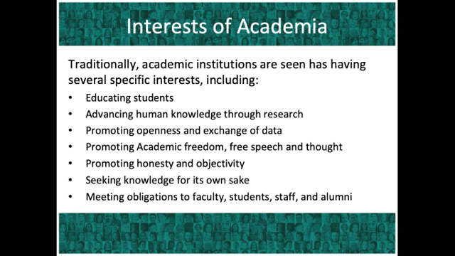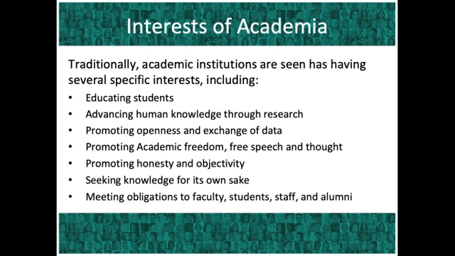So as students, you're probably well aware of what these interests are, but traditionally academic institutions are seen as having several specific interests, including, of course, our mission of educating students, the next generation of researchers. We also try to advance human knowledge through research. We promote openness and free exchange of data. We promote academic freedom, free speech and thought.